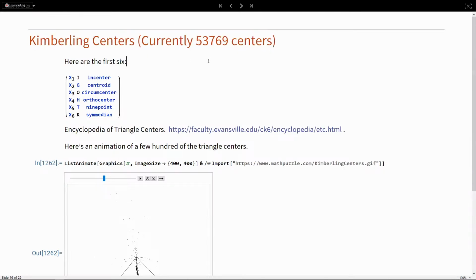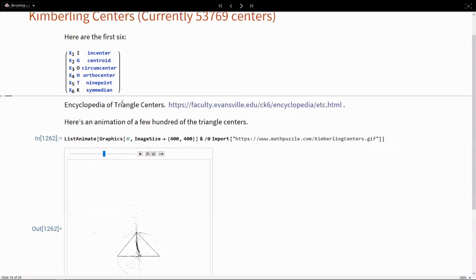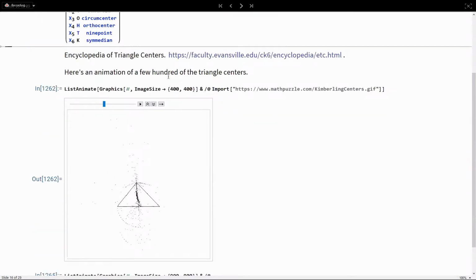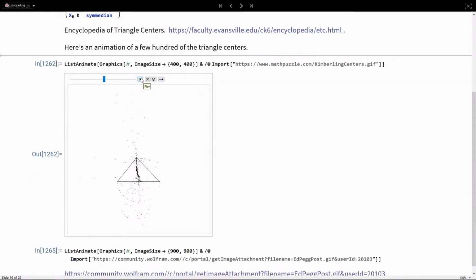There are currently 53,000 triangle centers, and here's the first 6 of them, and we covered them earlier. Some years ago, I decided to see what these triangle centers look like, and this is an animation of a triangle warping, and you basically see how the triangle centers move around.